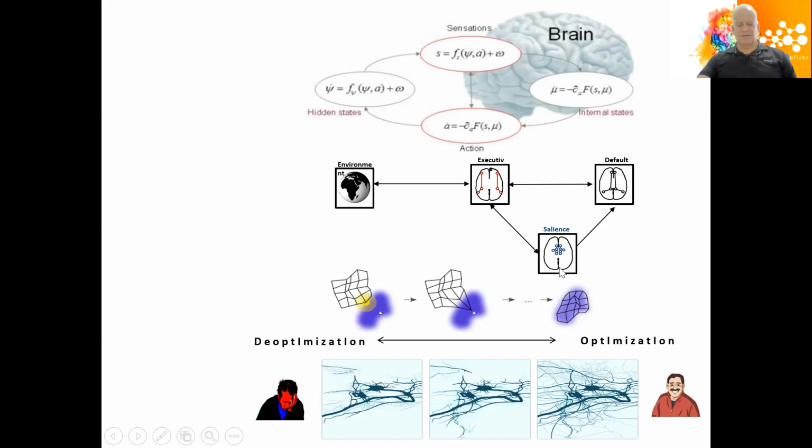Now, the salient network has the scope of allowing very fast, millisecond range interaction with the environment of the executive network to incorporate and adapt to the environment by creating internal representations. The internal representations that we talked about before are related to the default mode network.